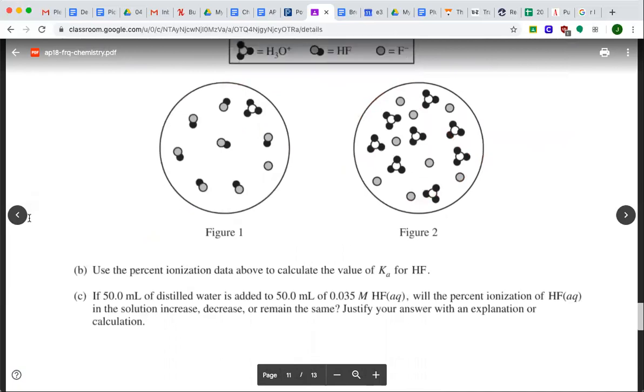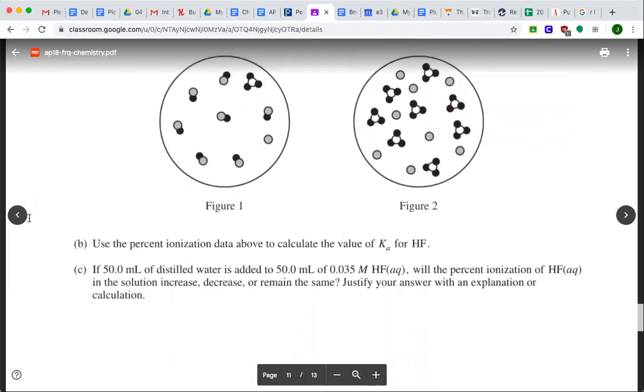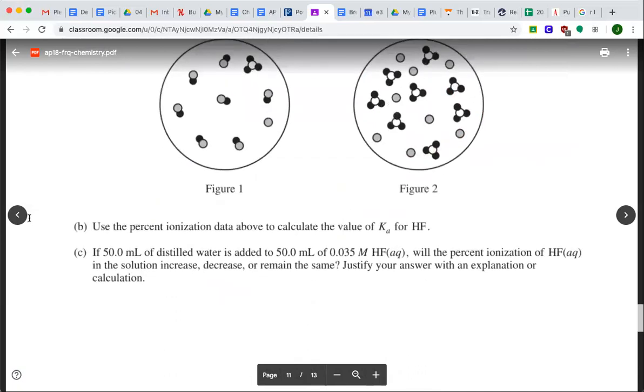All right. So use the percent ionization to calculate Ka. That's not a problem. So you don't really care, right? It's 13% ionized. So really, whatever the starting concentration is, you're going to have 0.13 times 0.13. Let's say you start with 1 molar HF, you're going to have 13% ionization. So 13% of it. So you're going to go 0.13 times 0.13 over 0.87.